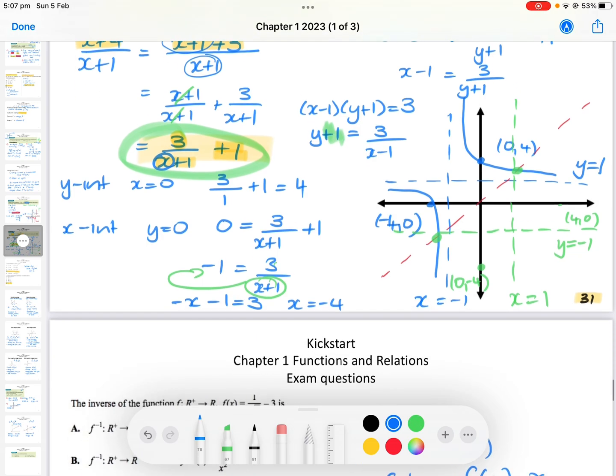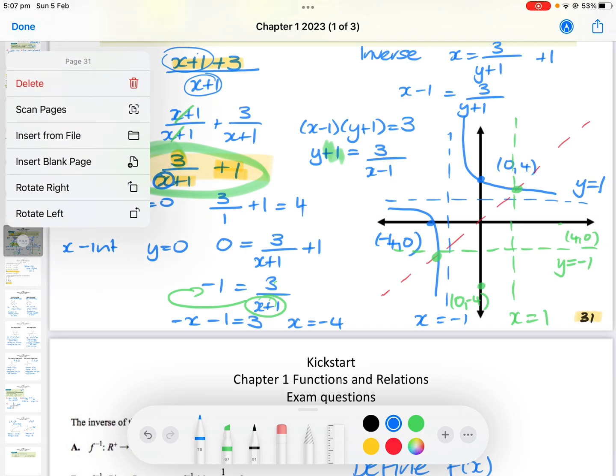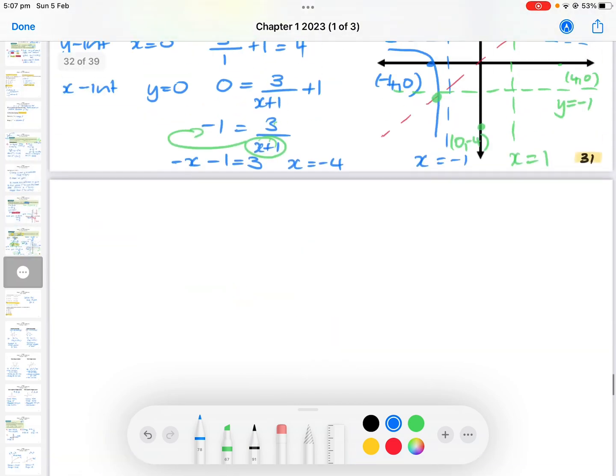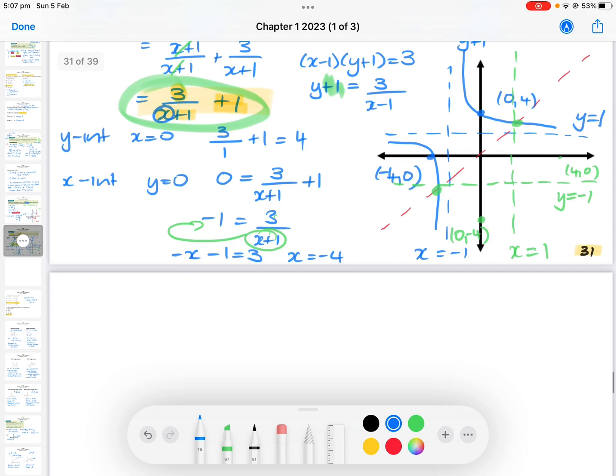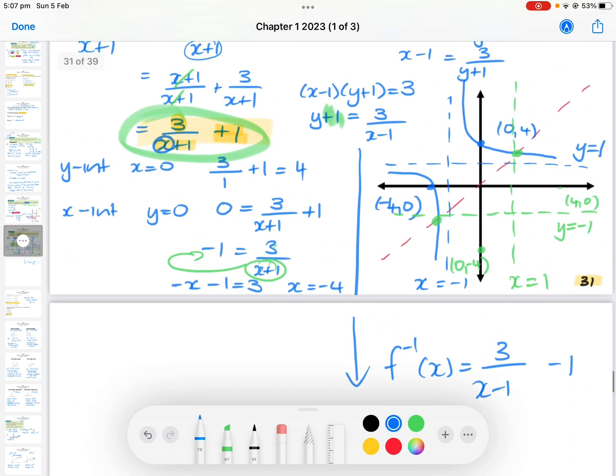So my inverse function, I know you can't do this, but I hope you've got more room than me. The inverse function of x is going to be 3/(x - 1) - 1. All right, so now you go. Does that make sense? Let's have a look. We said that the asymptotes were at 1 and -1, so that would make sense.